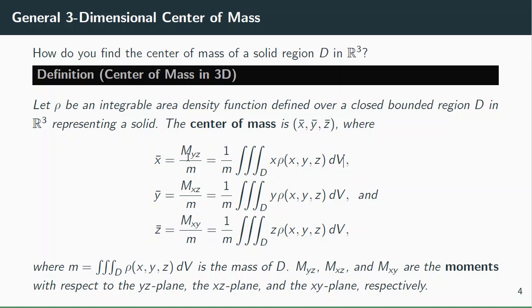So we call that the moment in the yz plane, because x is the distance of a point away from the yz plane. Similarly, y is the distance away from the xz plane, z is the distance away from the xy plane. So when you do the distance times this mass thing, add them up, that gives you a moment. Add up all the moments, you get a total moment. Divide that by the mass, you'll get the center of mass in x, y, z.